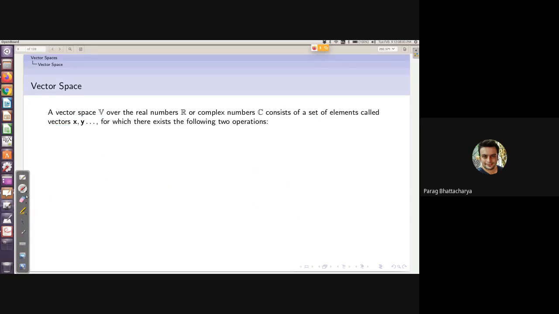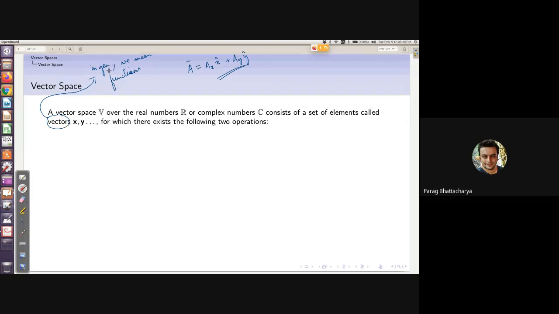Remember, when I say vector here, in general we mean the function. After all, if I say vector A is equal to AX X cap plus AY Y cap, this is also a function of position.